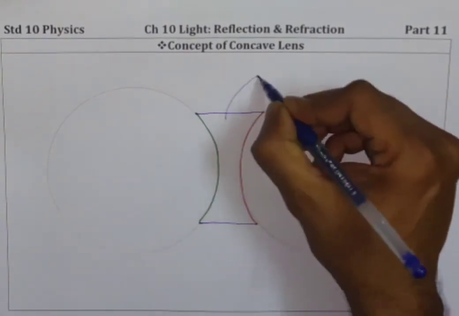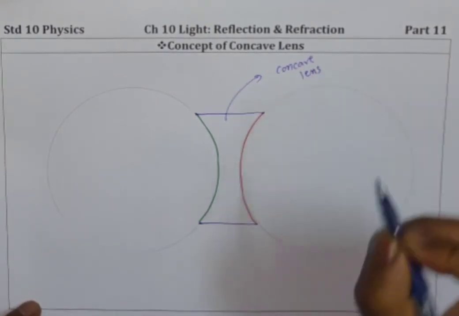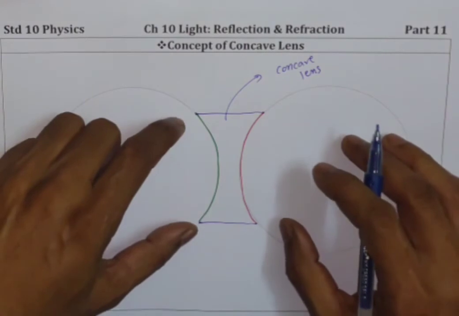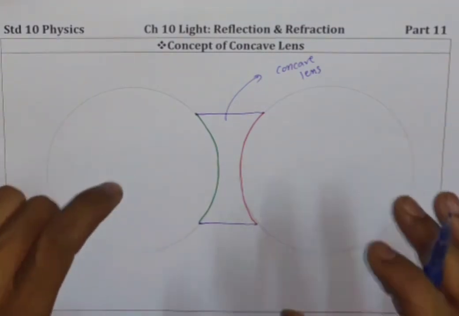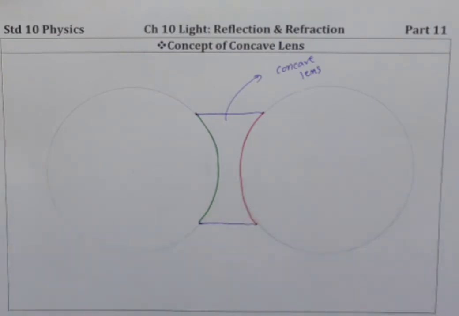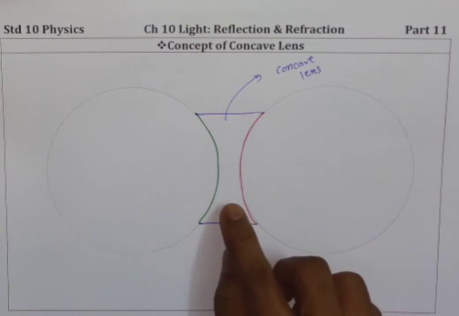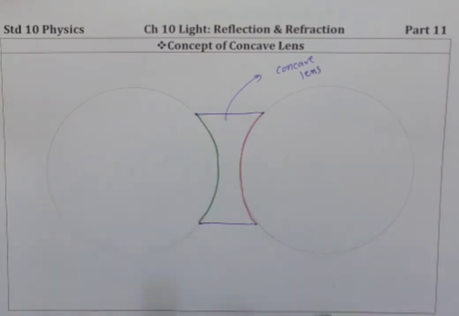Now this is a concave lens. Actually, this is not the way of making them. I am showing you how a concave lens is formed. The preparation is totally different. This single piece of transparent glass in the shape that you see here is a concave lens.